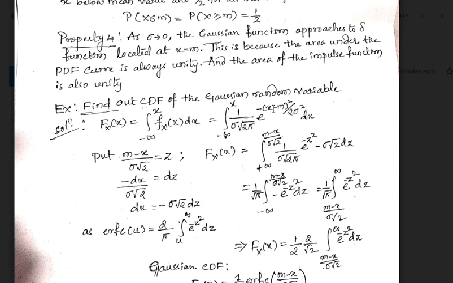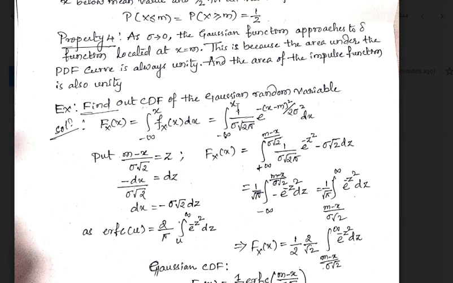And here we are substituting (x minus m) divided by sigma root 2 as z, and after substituting, this becomes e to the power of minus z square, and 1 divided by sigma root 2 pi, it can be as it is right now. And then when x takes minus infinity, z takes plus infinity value, because minus of minus infinity will make it plus infinity.